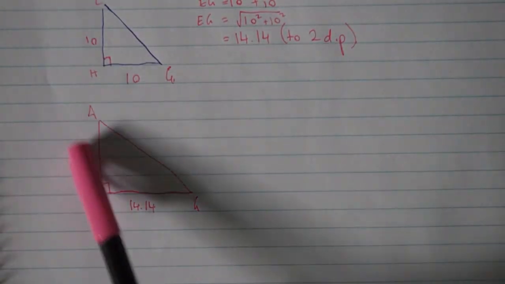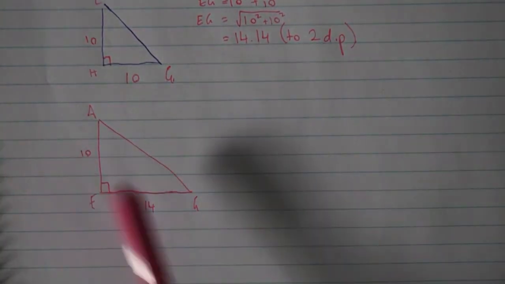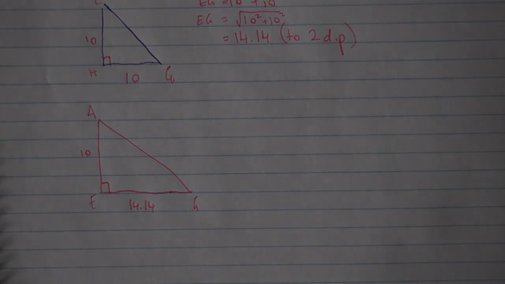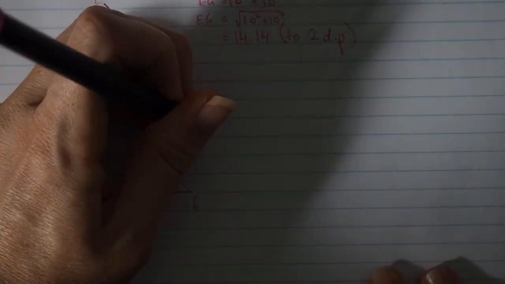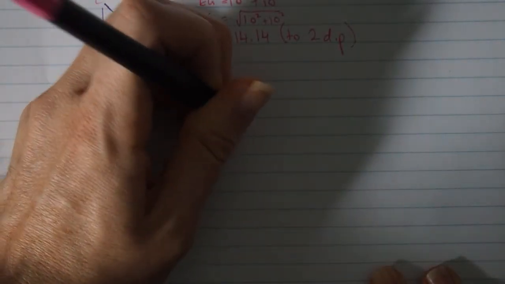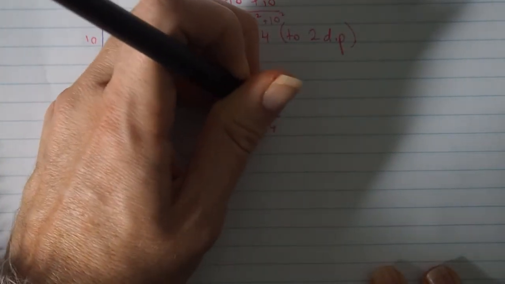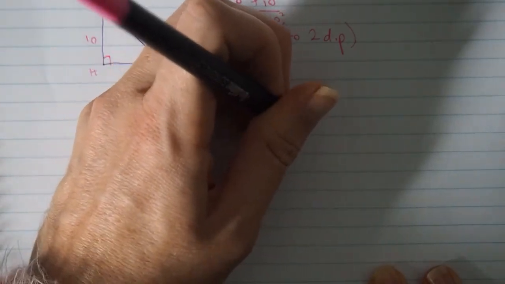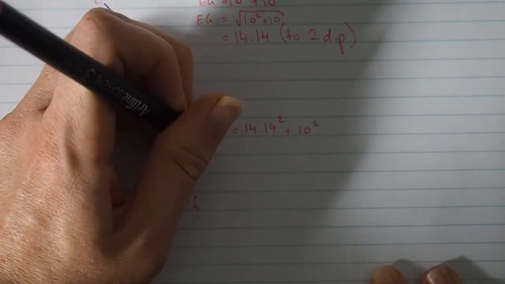All right, so now we have our right angle triangle, we have our two short sides, we want to find our hypotenuse. So it's a matter of applying Pythagoras' theorem again now with these new sides. So we have AG squared equals 14.14 squared plus 10 squared.